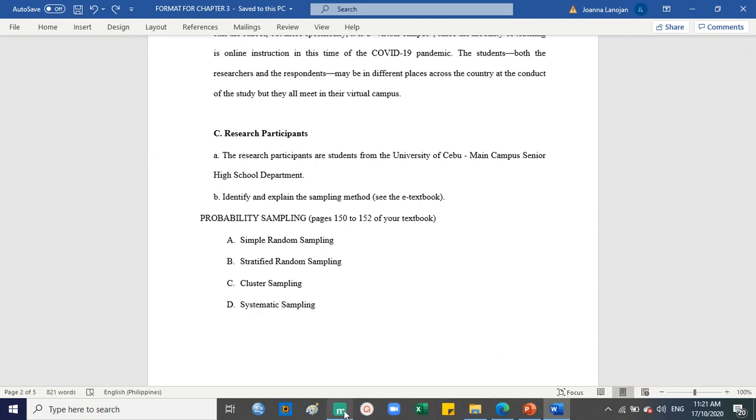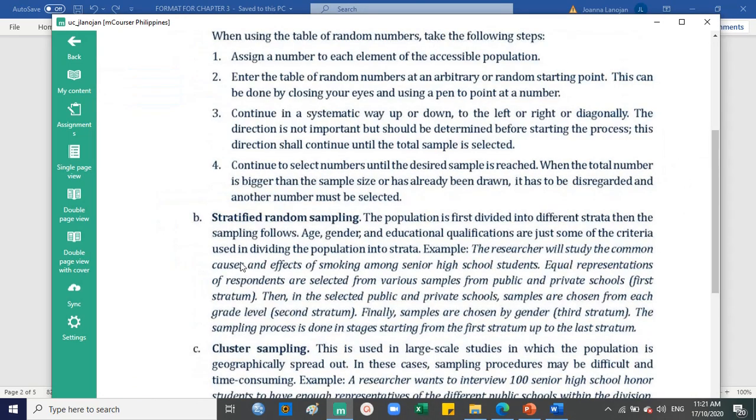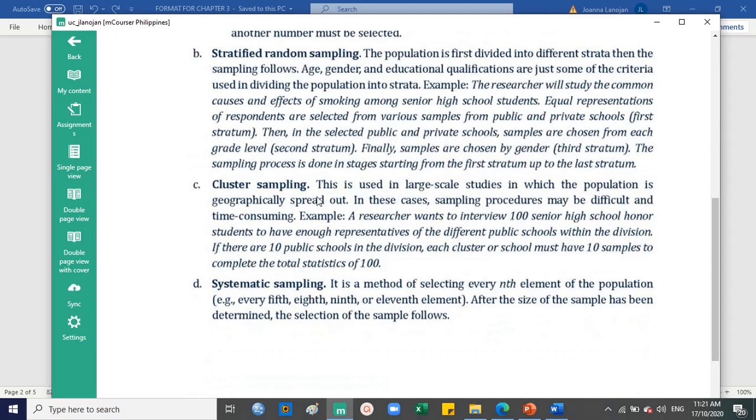After simple random sampling, you have stratified random sampling, where you select the sample by strata. You have 1, 2, 3, depending on you. And then we have cluster sampling. This is used in large-scale studies in which the population is geographically spread out.